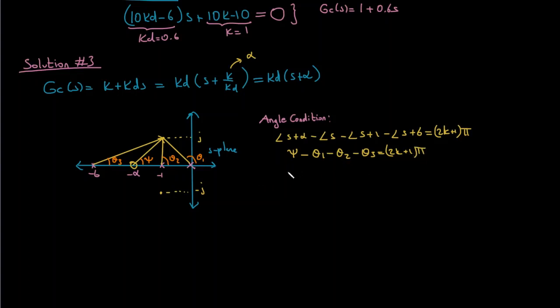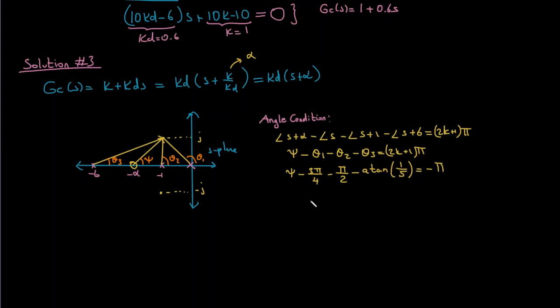So let's try to write them down. Then psi minus theta 1 is equal to 3 pi over 4. This is because the point minus 1 to 1 is 45 degrees, and minus pi over 2. And theta 3 is equal to, so notice that the length of this side is 1 and the length of that side is 5. So theta 3 is minus arctangent 1 over 5. It should be an odd multiple of pi, let's say, for example, minus pi.